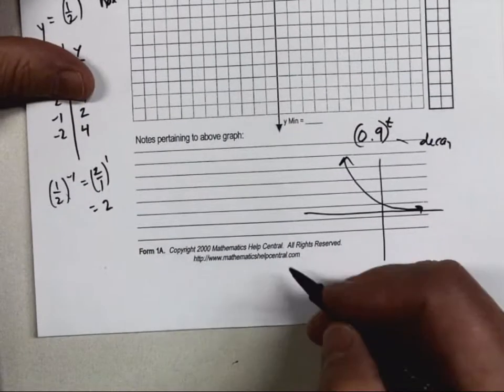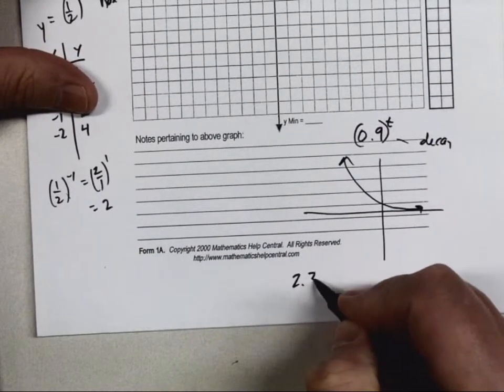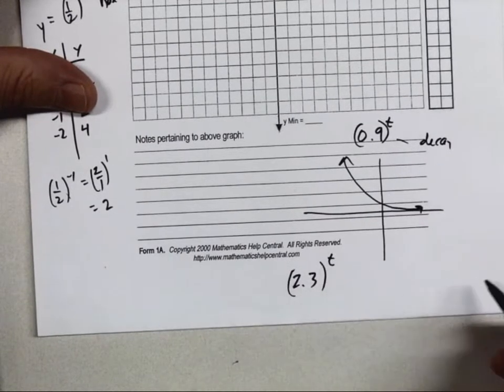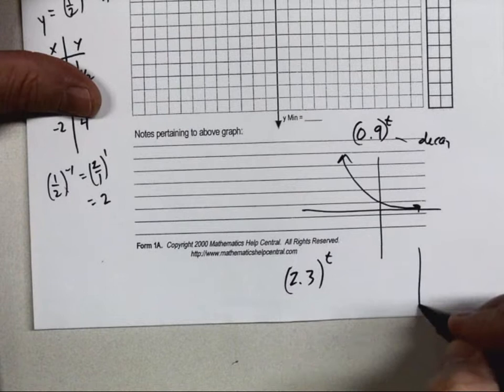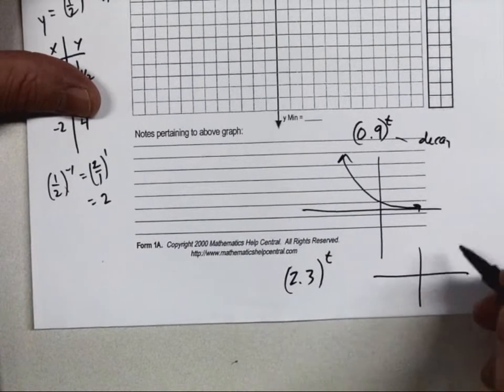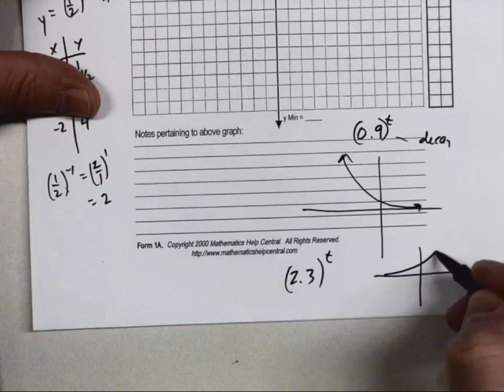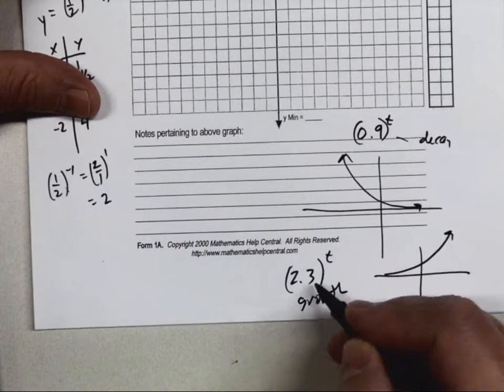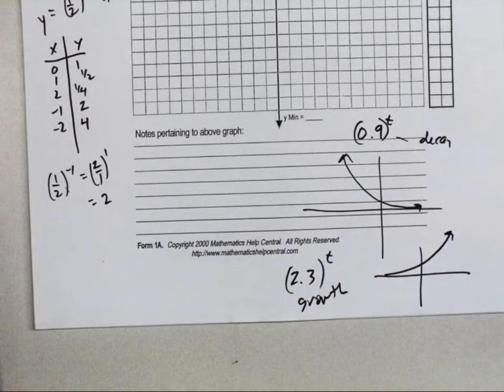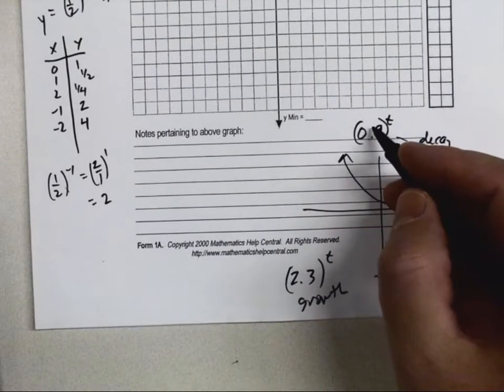If the next problem, I had my equation was like 2.3^t, and I went to graph it, this is going to be a growth curve. And the key is, what's the base?